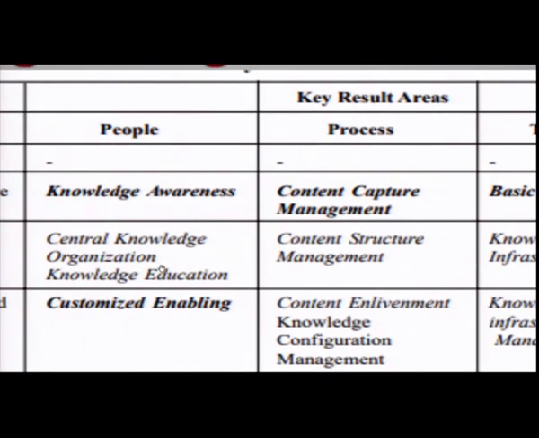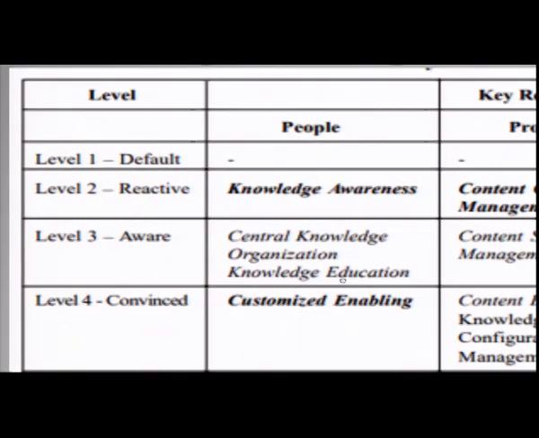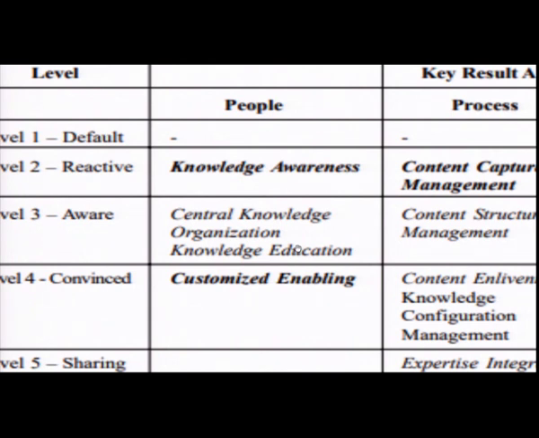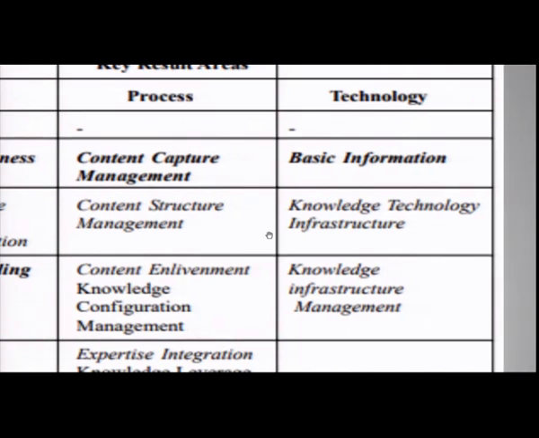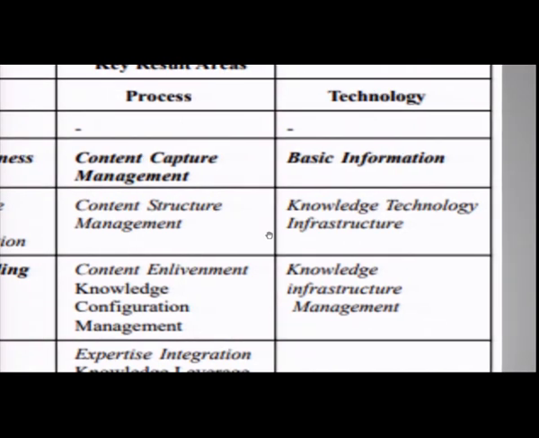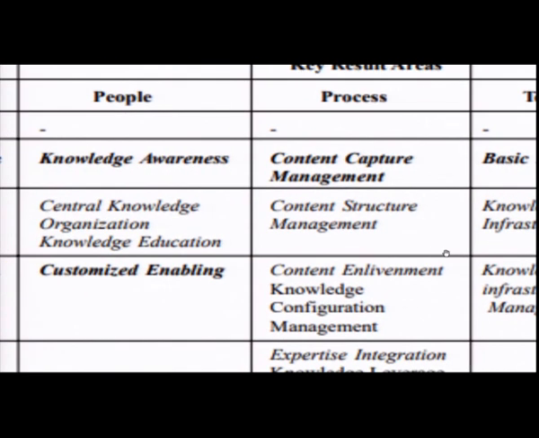Then as far as level 3 is concerned, the employee working in the project should be aware of the central knowledge organization and knowledge education. You need to have the education, which will come through training. As far as the process is concerned, it is based on content structure management. As far as technology is concerned, it is based on the knowledge technology infrastructure.